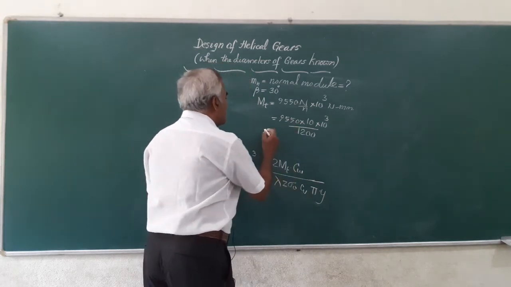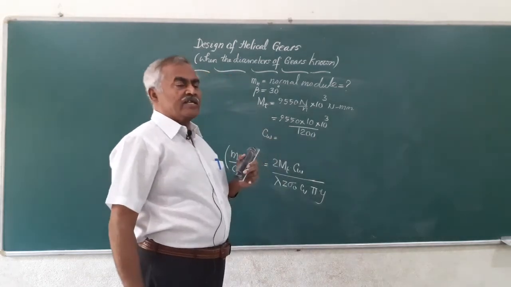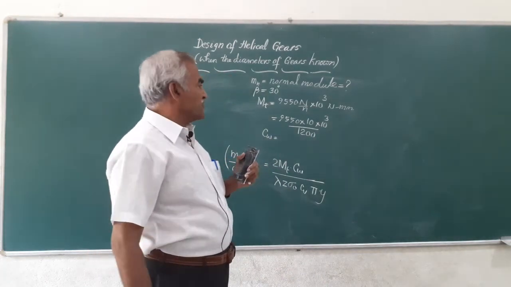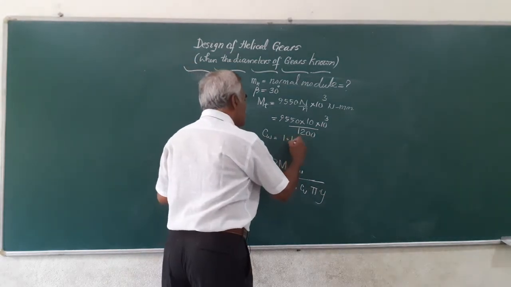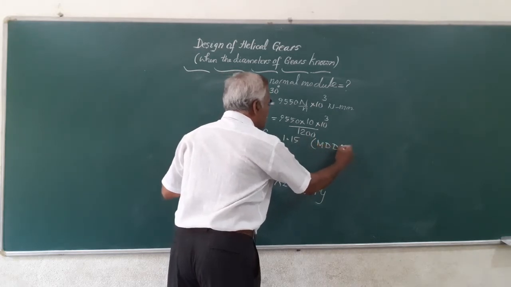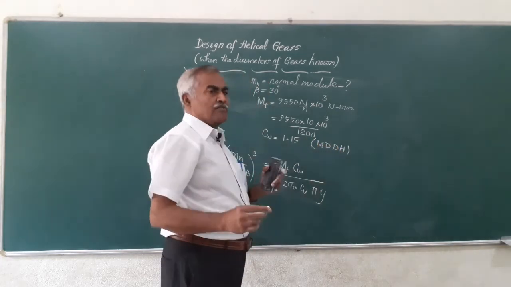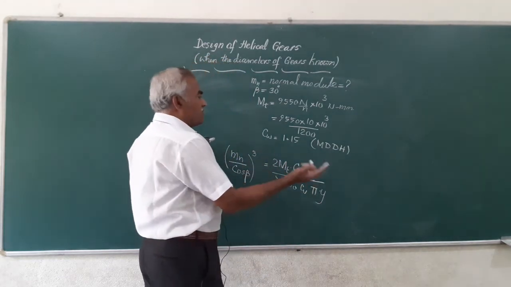So friends, you have this MT, the torque transmitted. Next comes the CW. CW is called the wear and lubrication factor, and this factor is 1.15, which is available in the machine design data handbook for a completely enclosed set of helical gears with proper lubricant.